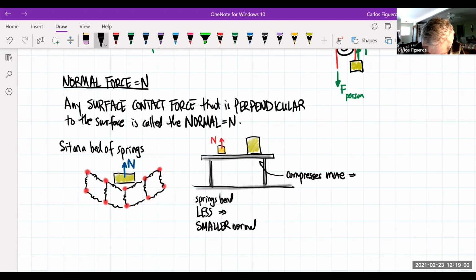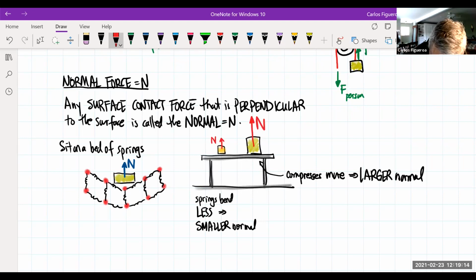This implies that I must have a larger normal force. So this is bigger here, and it's bigger because it's bending the table more. I probably should have put this more here to be consistent with how I'm writing things. So it's the more compression that gives you the bigger normal force here.